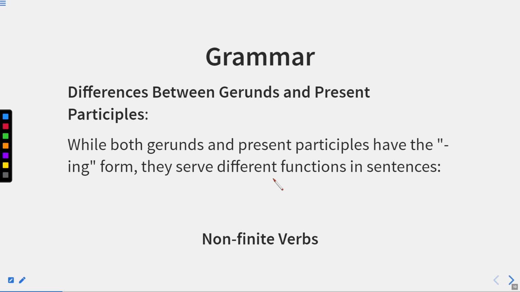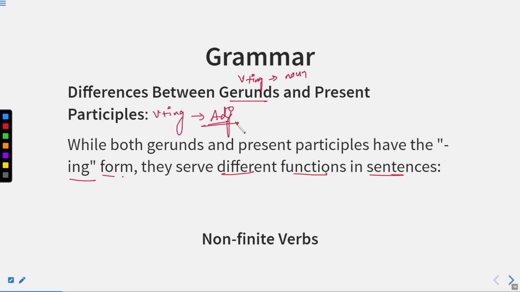Differences between gerunds and present participles. Now we know very well that both the structures have verb with ing form. While both gerunds and present participles have the ing form, these serve different functions in sentences. How? We know well that gerunds are verb plus ing, but they act as noun. In case of present participle, yes, of course, we have verb plus ing, but this behaves like an adjective.